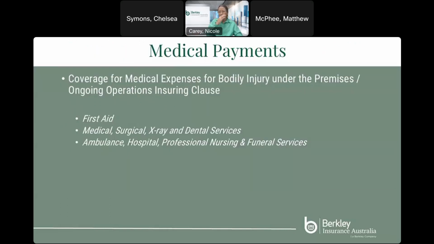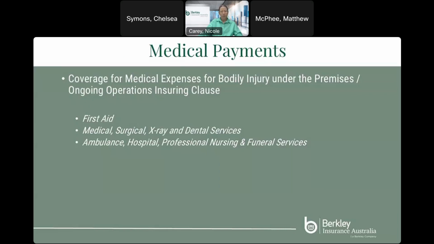The next coverage section that we've got under the policy is the medical payments. This insuring clause actually links back to the public and products liability insuring clause. It just extends the definition of damages to make sure that we are confirming that we're covering medical expenses that might arise after somebody has suffered an injury under the premises of the public liability insuring clause.